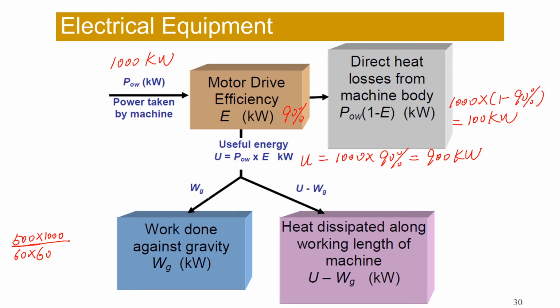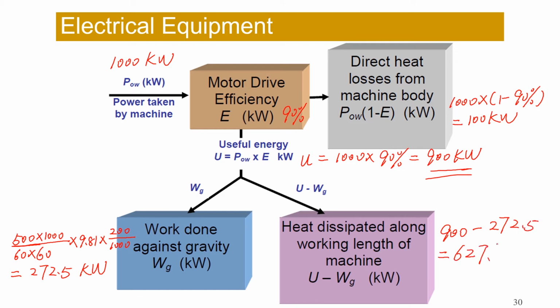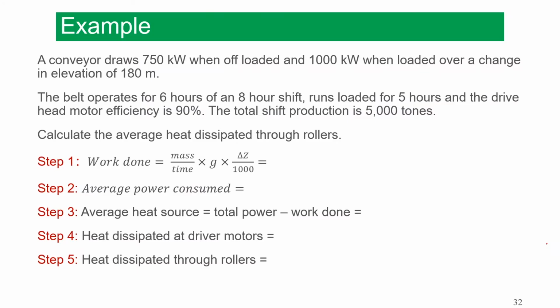So this is kilograms per second, multiplied by gravity, 9.81, multiplied by the change in elevation, 200, divided by 1000 to convert it to kilowatts, which equals 272.5 kilowatts. Therefore, heat dissipated along the working length of the machine equals 900 from here minus 272.5, which equals 627.5 kilowatts.